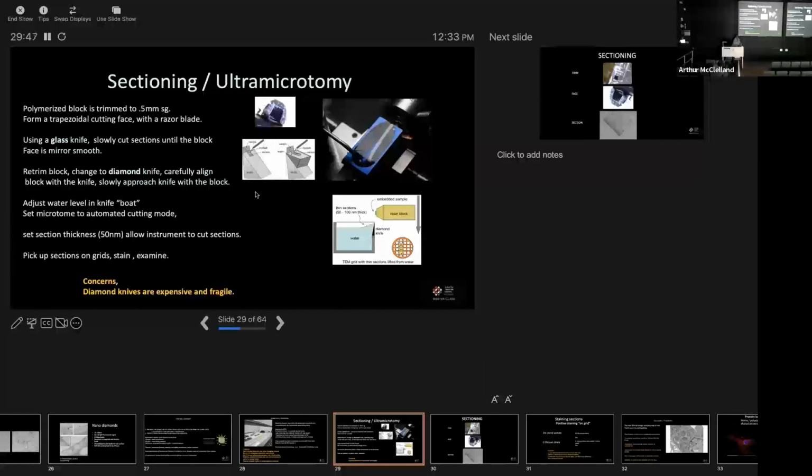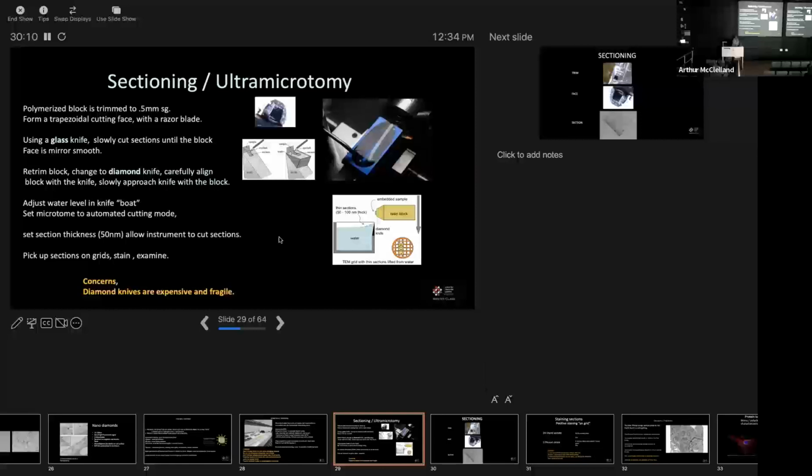So once we've got our block aligned to the knife and our water filled to the proper level, we can hit automated motorized cutting, and it will cut in an automated way for us and create these ribbons that we then come in with a grid and pick up. We'll have 5 or 6 sections that will lay over the diameter of your grid.